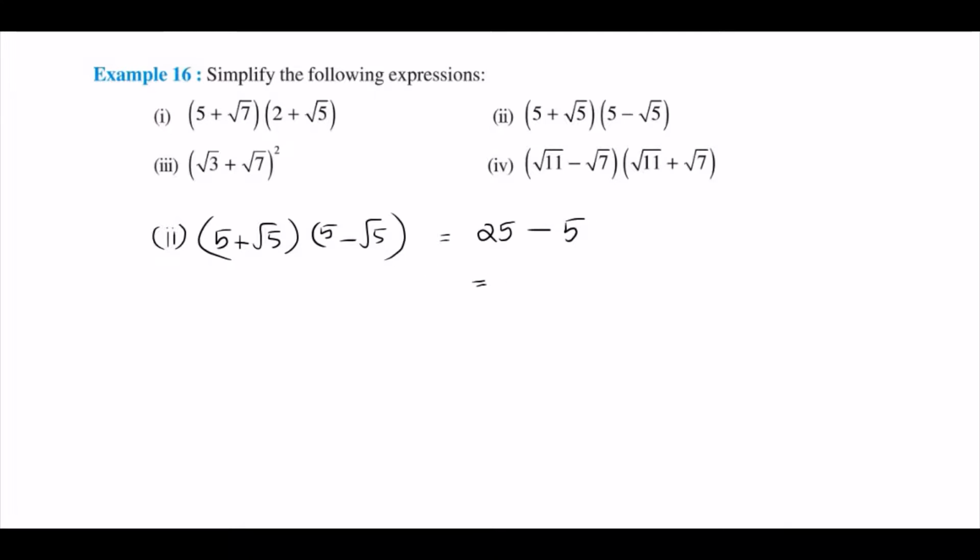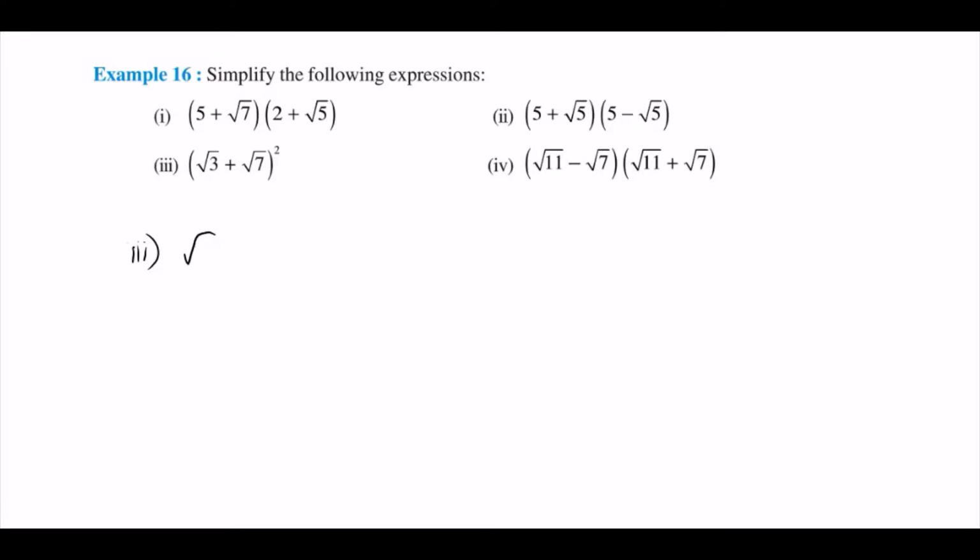So the answer is 20. We have learned the identity a plus root b into a minus root b is a square minus b. So you write it as 5 square, that is 25 minus b. Here b is 5. So 5 square minus b, that is 20.